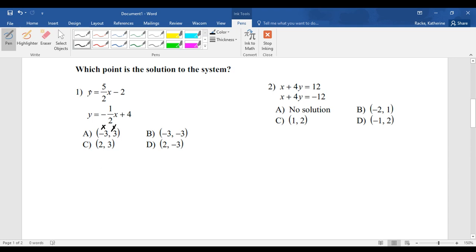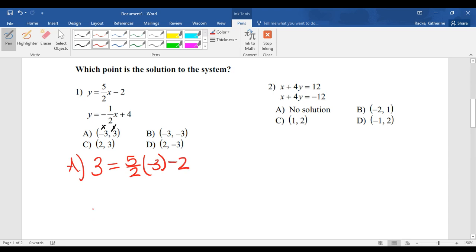So what I mean by that is we're going to use y equals 5 halves x minus 2, and I'm going to plug in the x value and the y value. So I'm going to go ahead and start by plugging in for A. I'm plugging in 3 for y equals 5 halves, plugging in x, which is negative 3, minus 2.